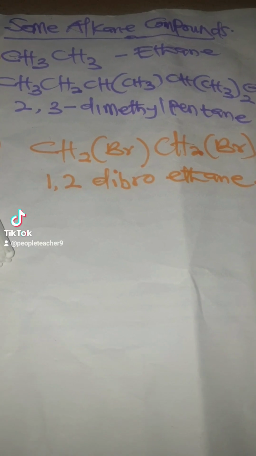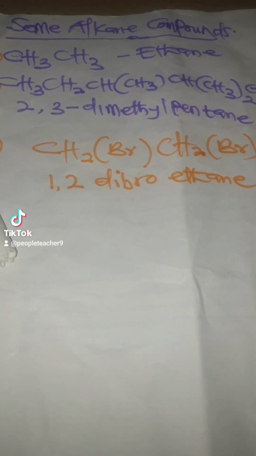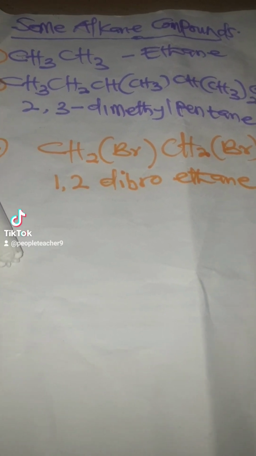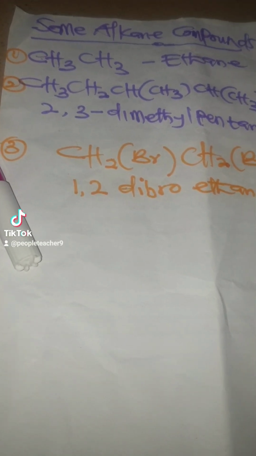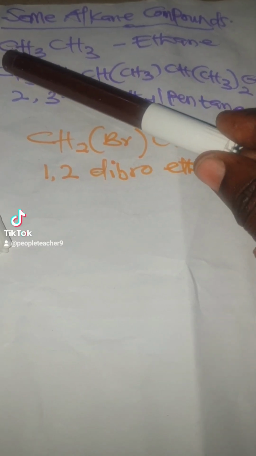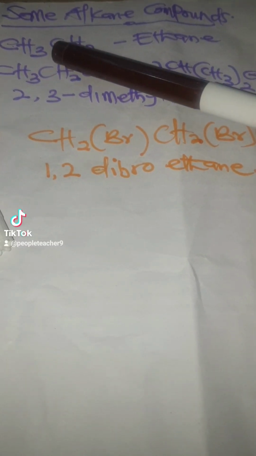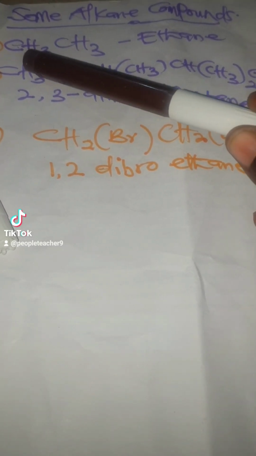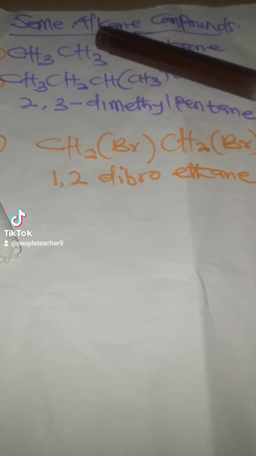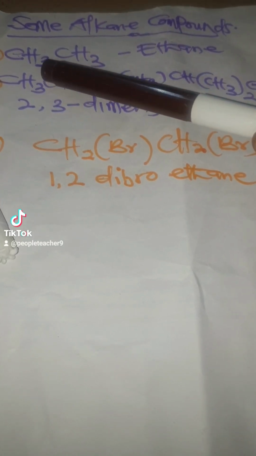When it is 2 carbon atoms bonding with 6 hydrogen atoms, it is ethane. And so we can see that this is 1 and this is 1 another, so this plus this, making 2 carbon atoms in the compound, and it is bonding with 6 hydrogen atoms.